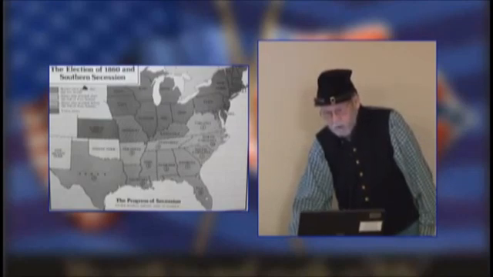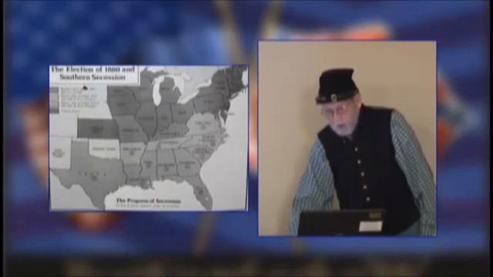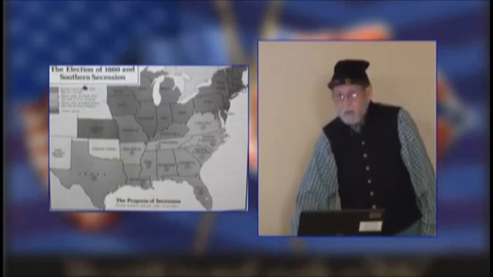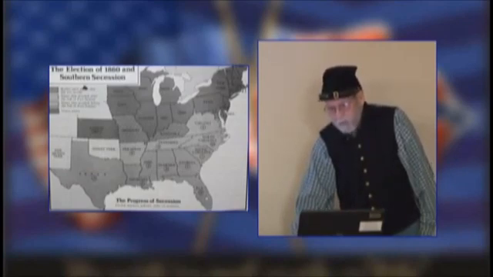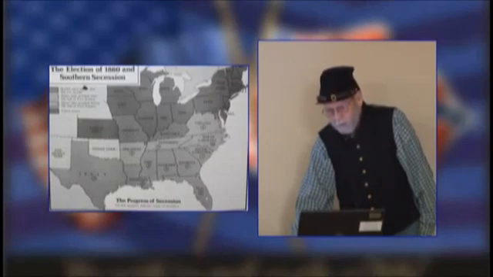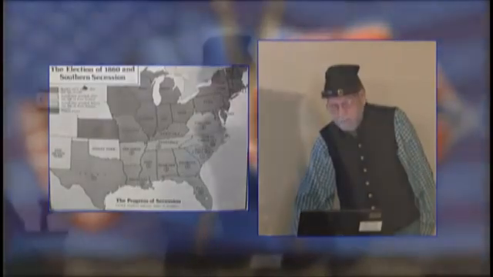Then when Sumter was fired upon and fell, 4 more states seceded, so you ended up with 11 states seceding and becoming the Confederacy. There were 4 states, Delaware, Maryland, Kentucky, and Missouri, that are called the border states.